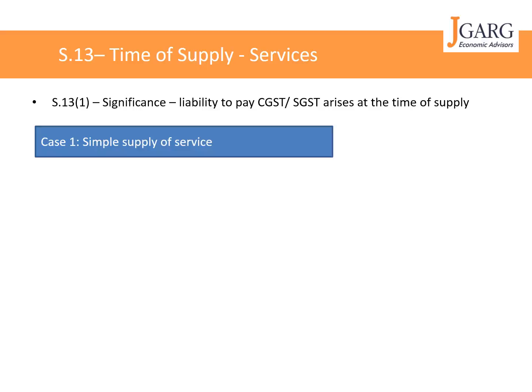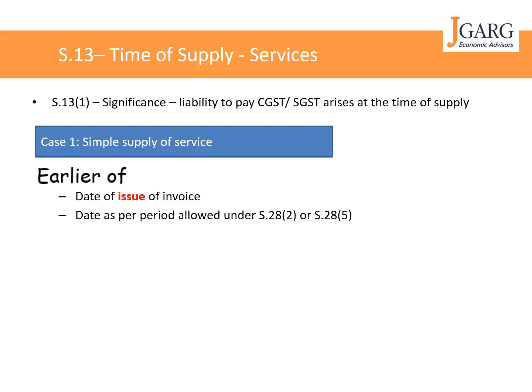So in general, when there is a normal supply, in such case, the earlier of the date of issue of invoice, or the date as per the period allowed under section 28 subsection 2 or section 28 subsection 5 (section 28 subsection 5 deals with continuous supply), or the date of receipt of payment, whichever is earlier.